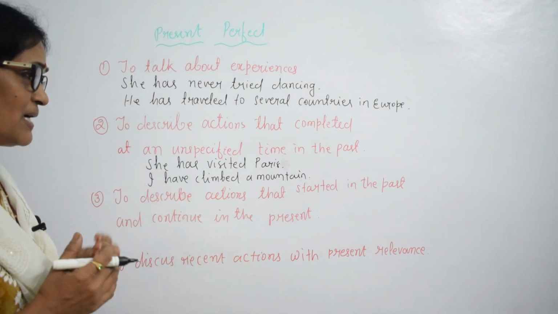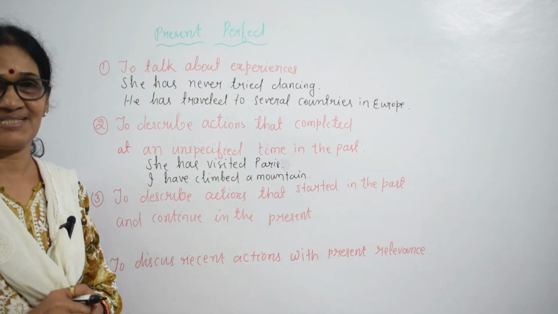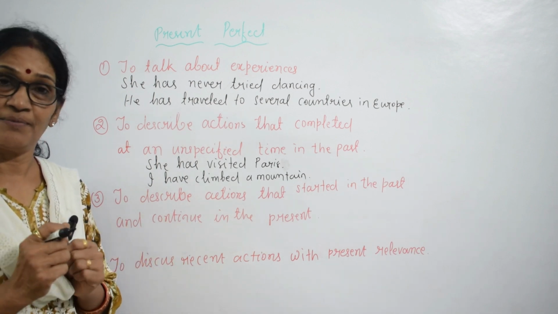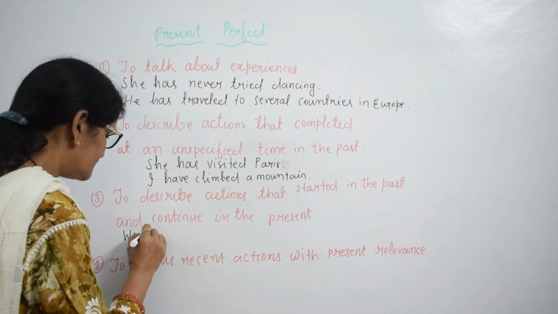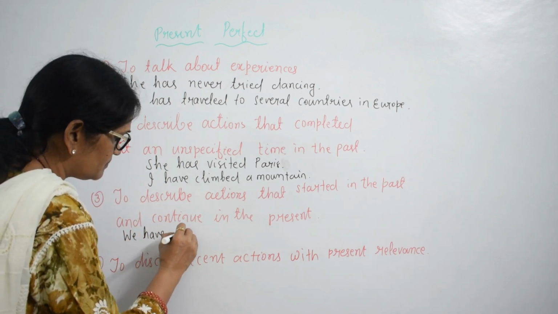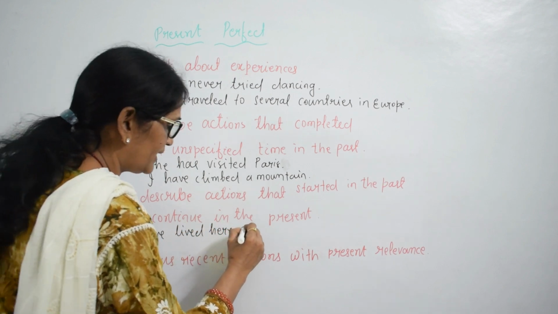Then to describe actions that started in the past and continue in the present, there you use present perfect. For example, we have lived here for 10 years.